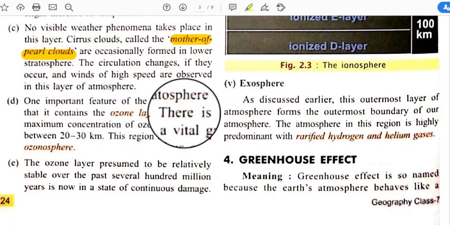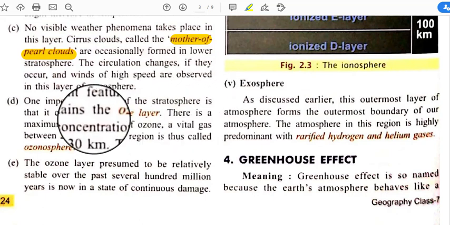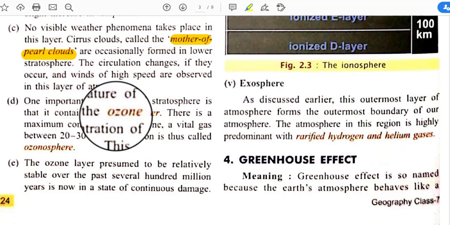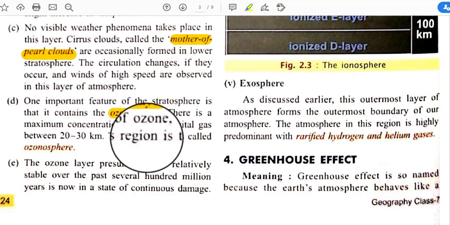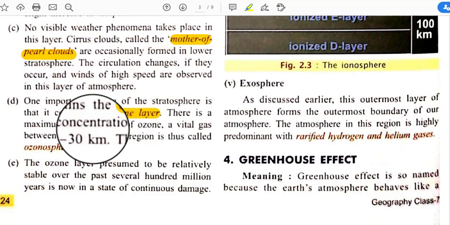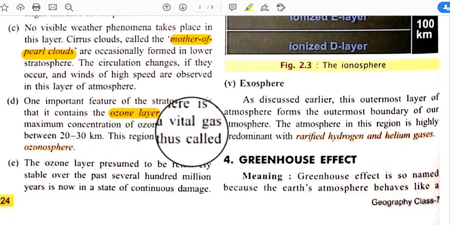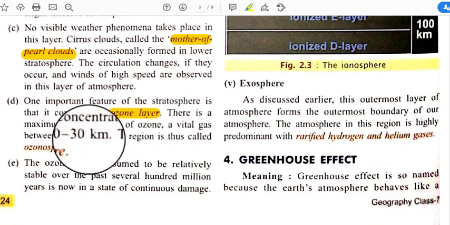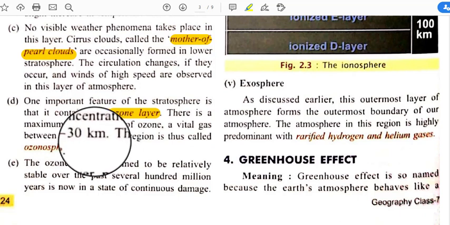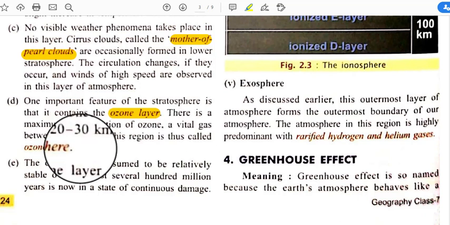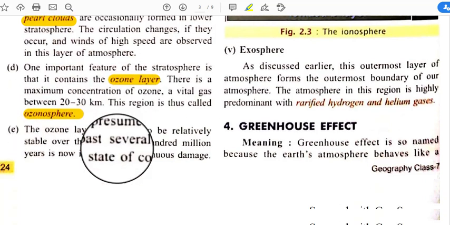One important feature of the stratosphere is that it contains the ozone layer. There is a maximum concentration of ozone, a vital gas, between 20 to 30 kilometer. So, the ozone layer is situated in this layer between 20 to 30 kilometer, and this region is thus also called Ozonosphere.